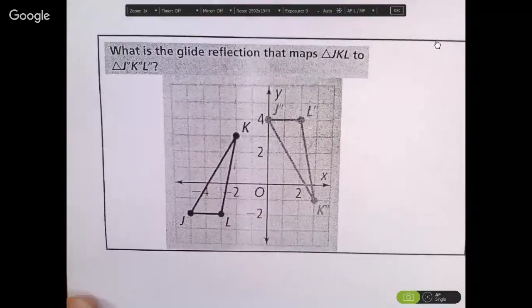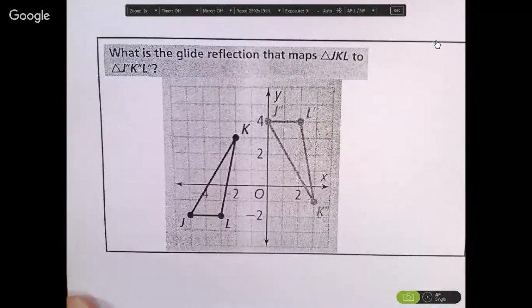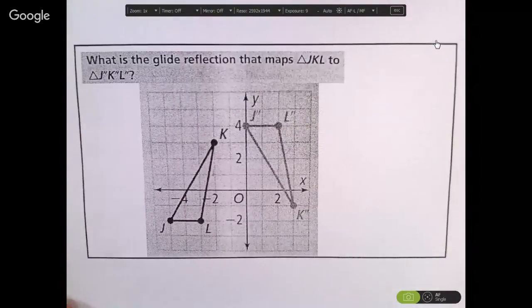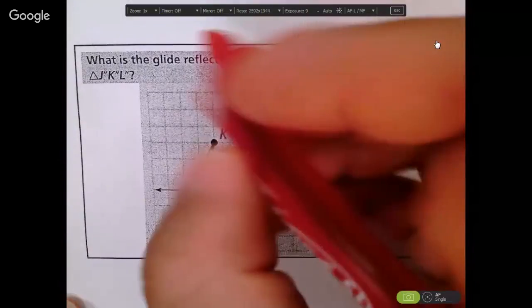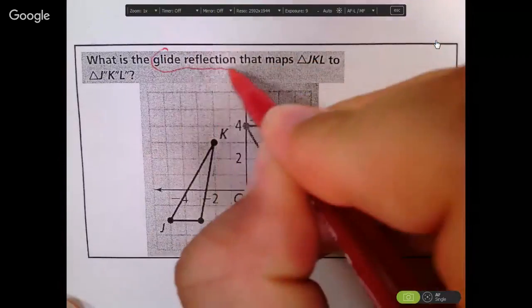All right, so I kind of like these ones because they're a little less ugly. Actually, I like both of them, but what words are on here that we've maybe not discussed before? Glide reflection. So they call them glide reflections.